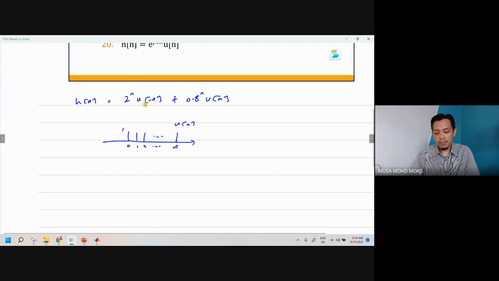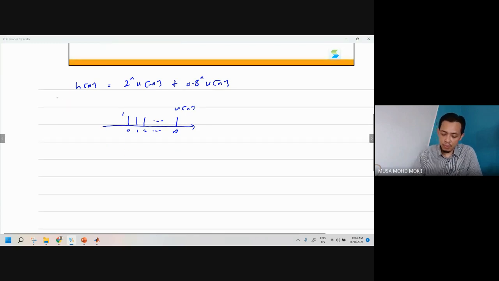If you want to have u[-n], it means that you need to flip this one. You need to fold it. After you fold, it becomes this: 0, minus 1, minus 2, up to minus infinity, and everything is 1. So this is u[-n].